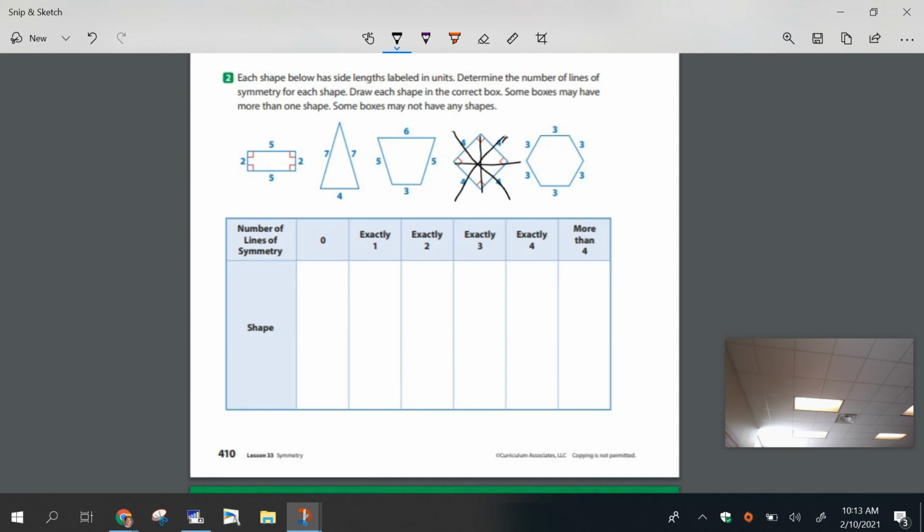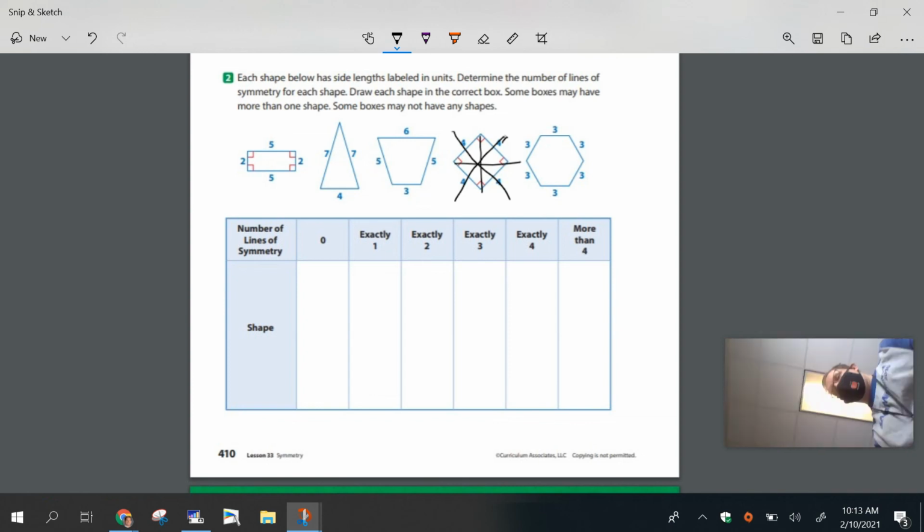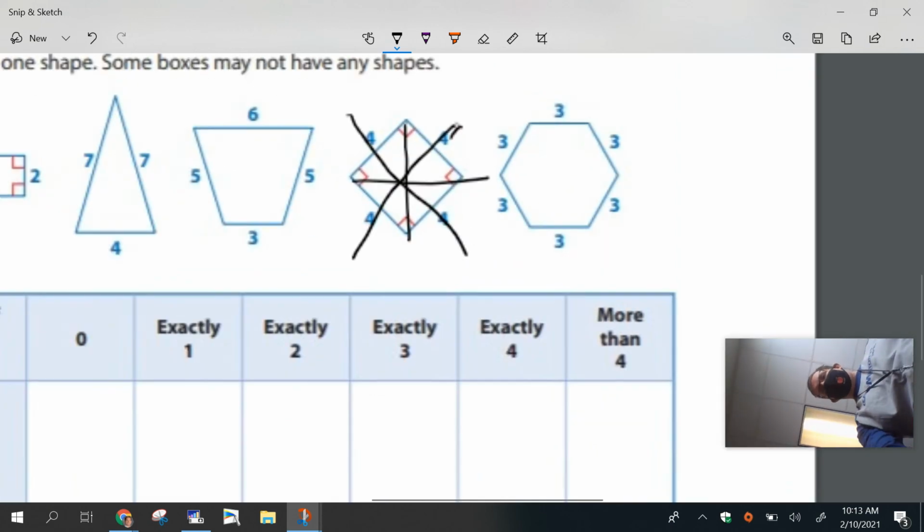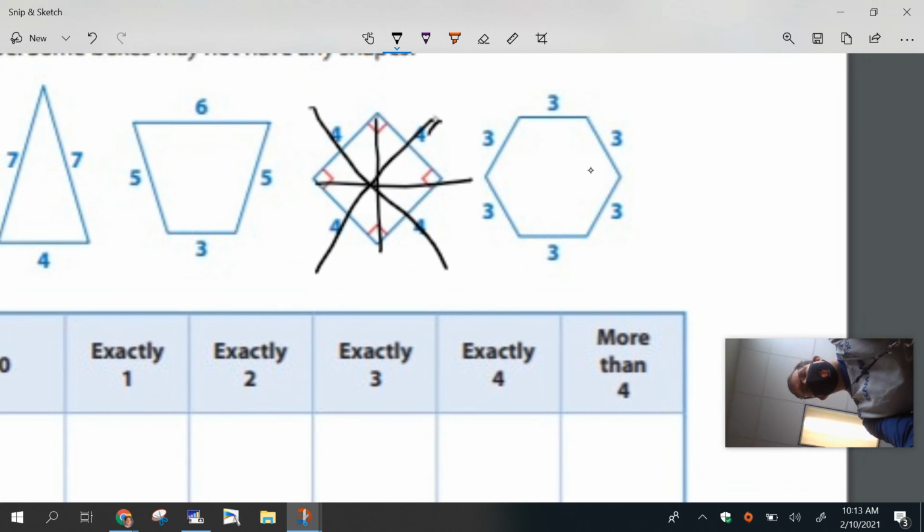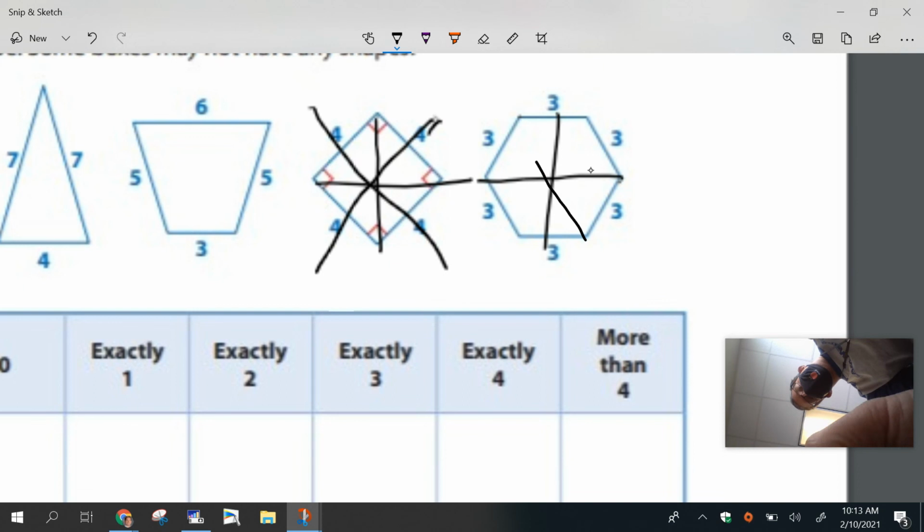And Mr. Coy, what do you think has more than 4? Oh. Nope. I just gave the answer for the last one. Which one has more than 4, Audrey? The hexagon. The hexagon has more than 4. And I know you guys are asking, how does that do? Right. Okay. I can go here to here. Corner to corner. I can go here to here. There's 2. Then I can go corner to corner.